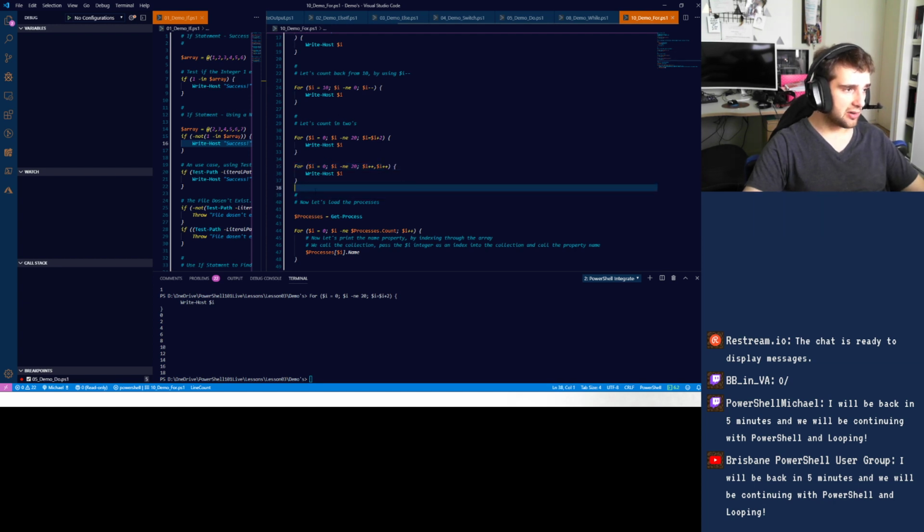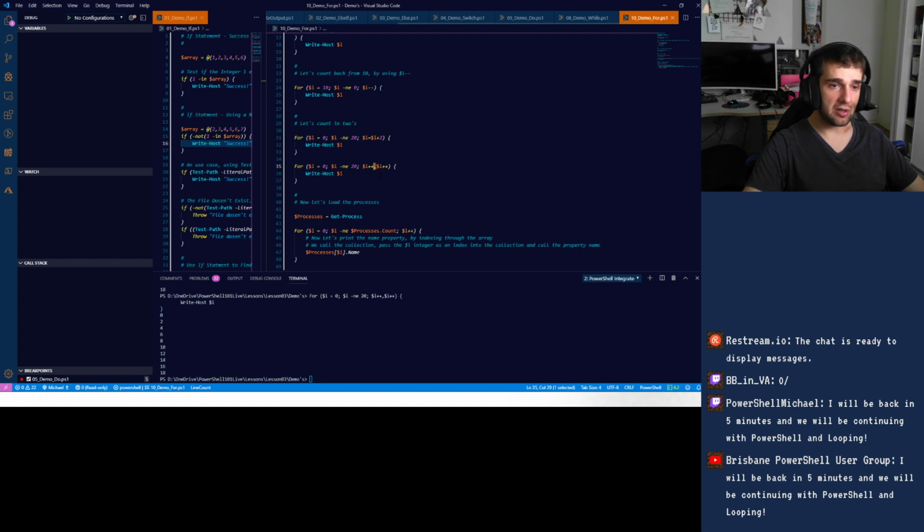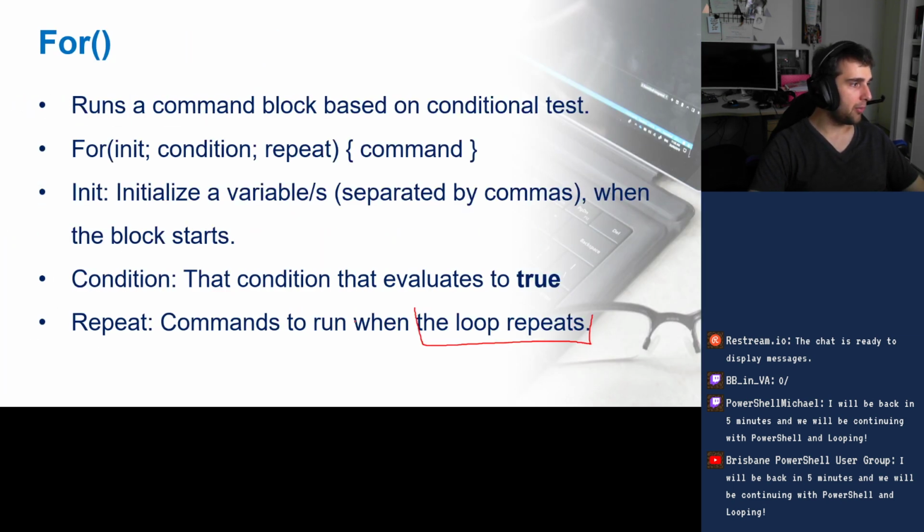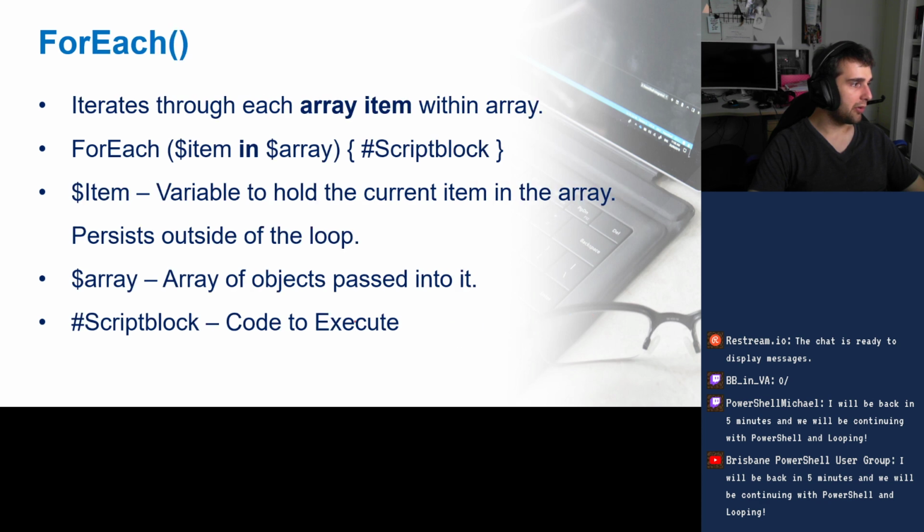This should actually work as well. That should count in 2s. Yep, 0, 2, 4, 6, 8. And we're using the comma to denote the different things, or the different, what's the exact term?